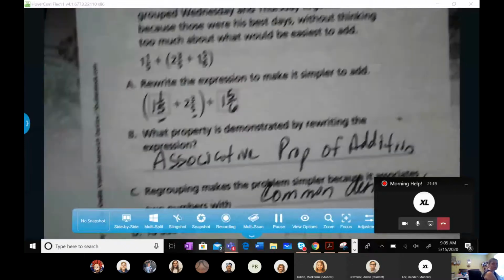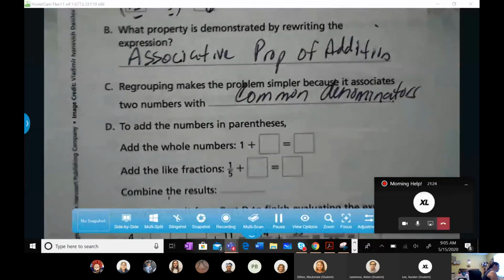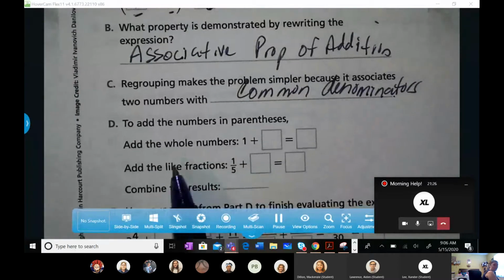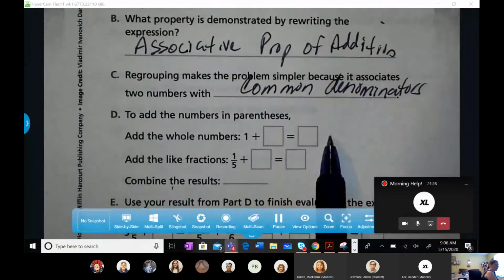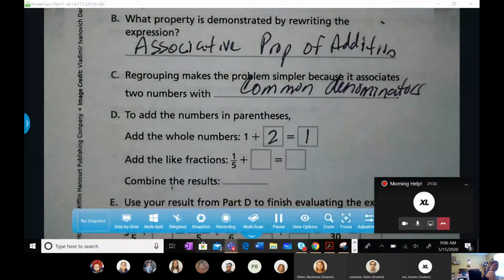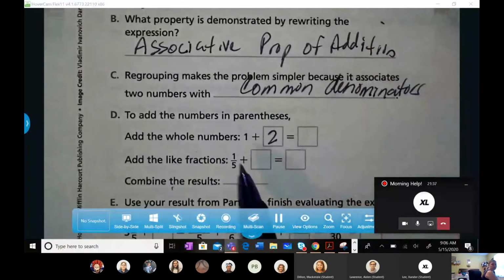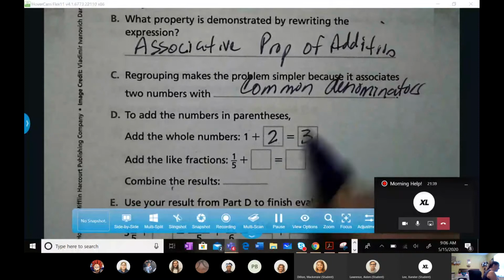Oh, and y'all can't see that, sorry. Common denominators. All right, so then we're going to add. So what they teach us here is that we can add the whole numbers together. So 1, 2, and 1. Oh, hold on. We're doing parentheses first, my bad. So 1 and 2 gives me that 3.